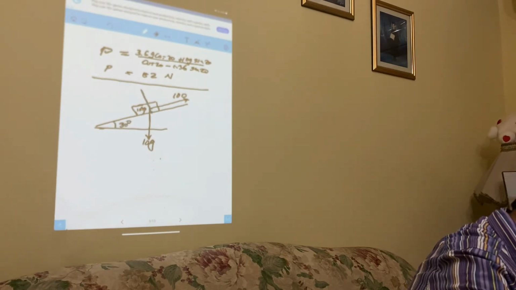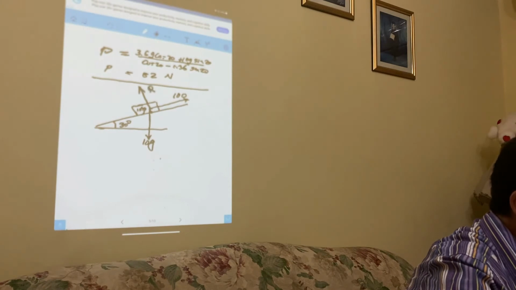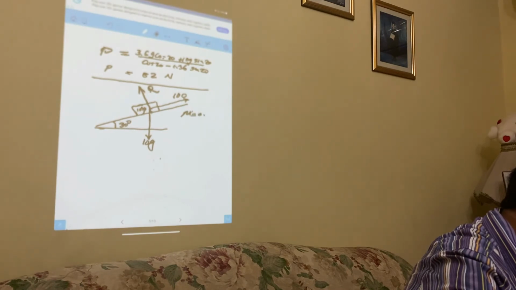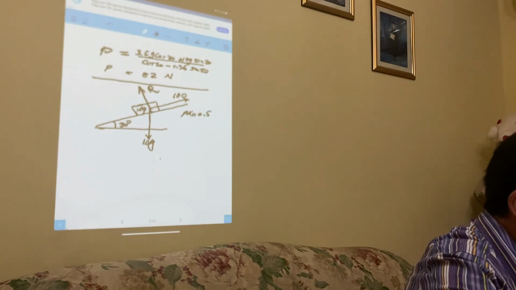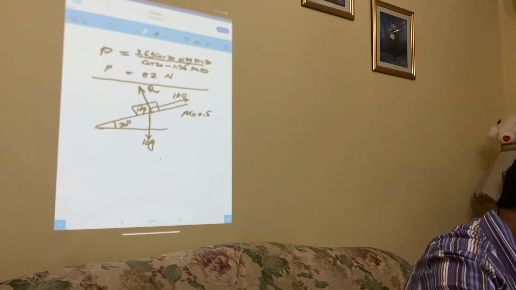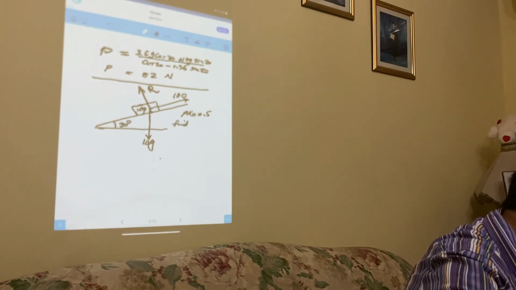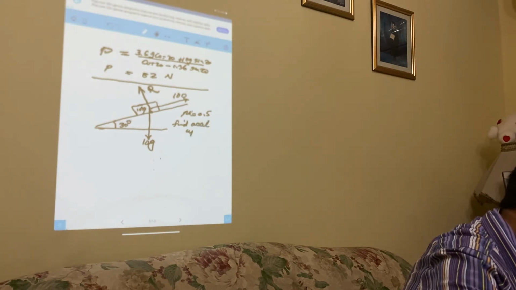There is a reaction R, and we're given that mu equals 0.5. And we're asked to find the acceleration up the plane.